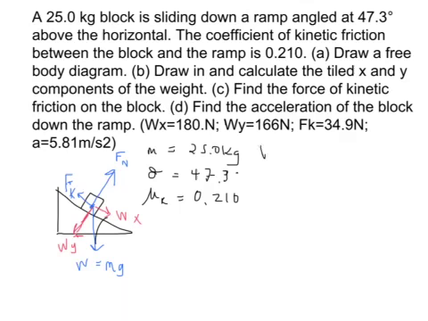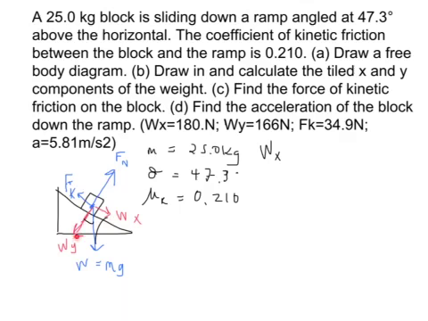We use some equations. You look and you say, okay, this here, Wx, we could slide it down and put it right here. And if we did, we would form a right triangle, and this angle would be equal to 47.3 degrees, the same as this angle. And there's a little geometry proof to prove that that's right.